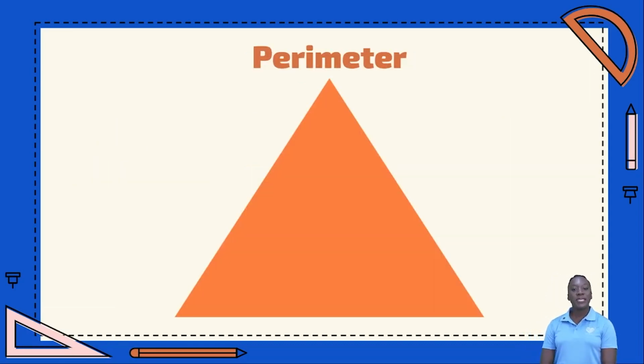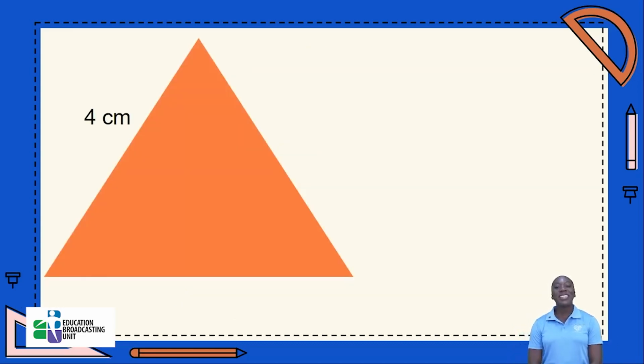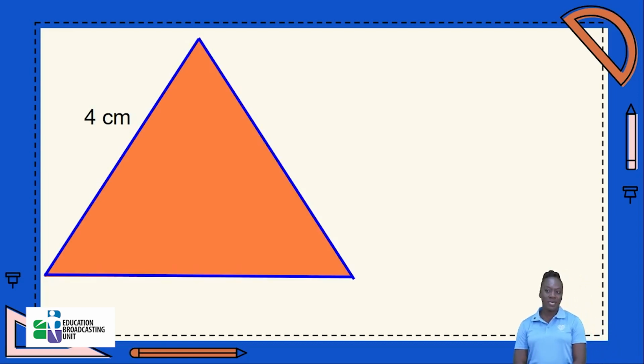Remembering that perimeter is the distance around a shape, we can find the perimeter of a shape by adding together all the sides of a shape. Look at this equilateral triangle, for example. It has one side being 4 centimeters. The perimeter would be the total of all the sides together. Since it's an equilateral triangle, you should remember the properties. That's right. Each side will also be 4 centimeters because they're all equal.